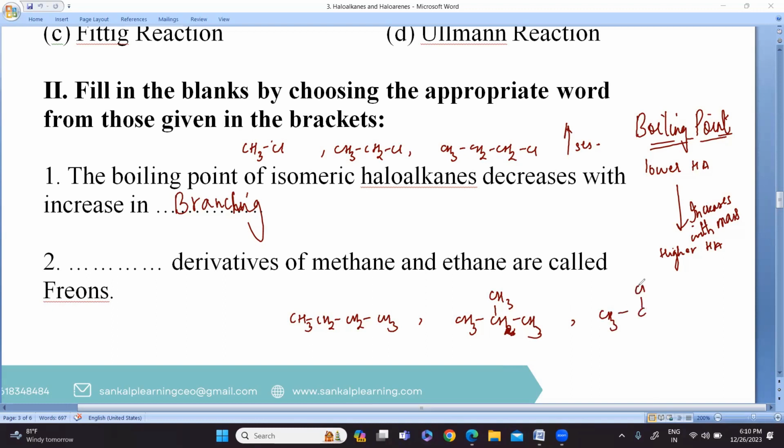CH3, C, CH3, CH3, here 5 it becomes. So what will happen in this case? Yes, students, what will happen? Here you can see as the branching increases, what will happen?